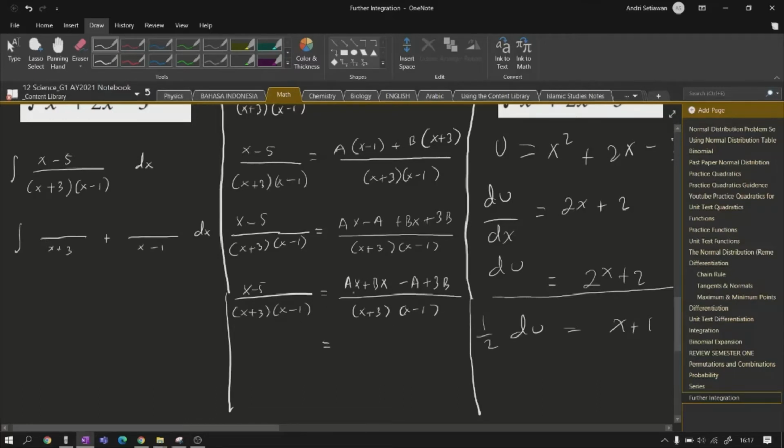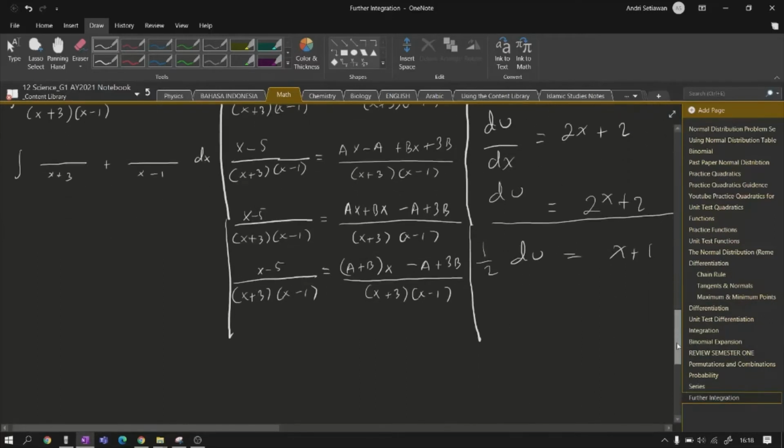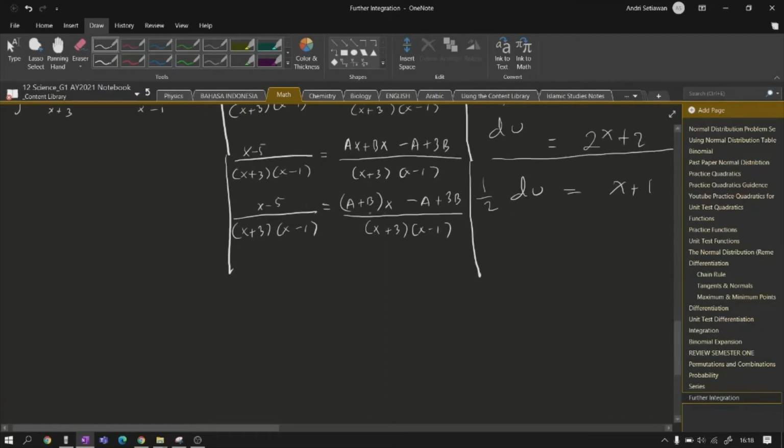We can factorize x, so we get a plus b times x, and minus a plus 3b, over x plus 3 times x minus 1. On the left is x minus 5 over x plus 3 times x minus 1. As you can see, the denominators are similar, so we can take out the numerator.